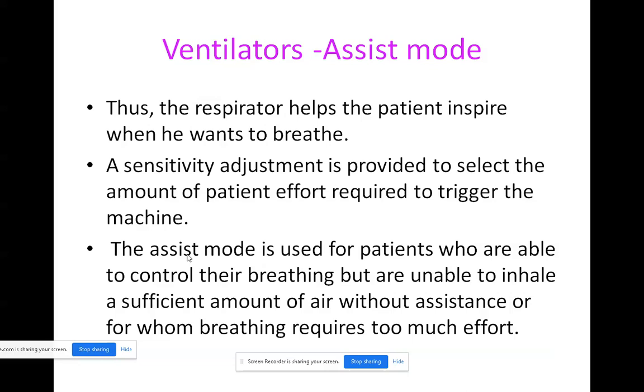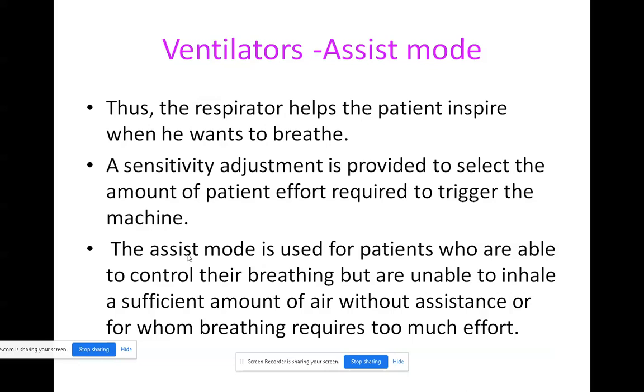The assist mode is used for patients who are able to control their breathing but are unable to inhale a sufficient amount of air without assistance, or for whom breathing requires too much effort. So with the ventilator working in assist mode, the patients will not require an assistant for arranging the ventilator.